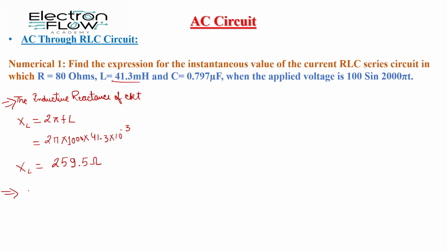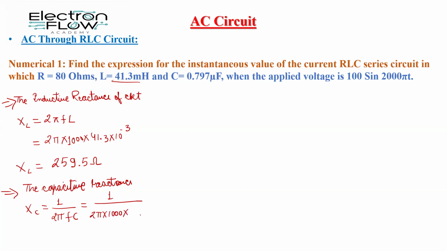Secondly, the capacitive reactance, denoted by XC, is equal to 1 upon 2 pi f C. Let's put in the values: 1 upon 2 pi into 1000 into the capacitor value 0.797 microfarad, which is 0.797 into 10 to the power minus 6.